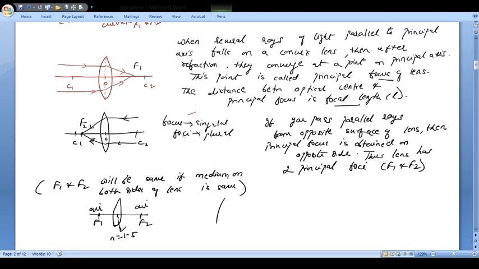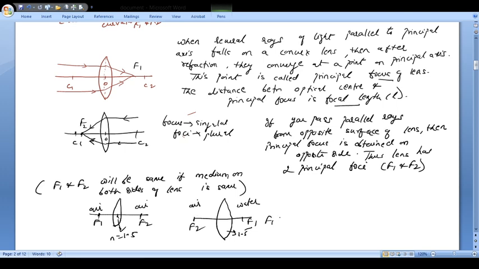But let us suppose you have a lens where the medium is different. Here there is air and here some other medium, let us suppose water, and this is glass, basically 1.5. So here you will find that your f1 and f2 will be different.